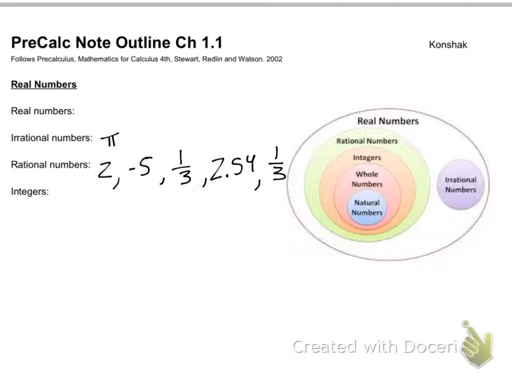It's 0.3 repeat. So, rational numbers, put this on there, that rational numbers can be decimals, but they have to repeat. Or, just like we have 2.54, it eventually will stop or end.